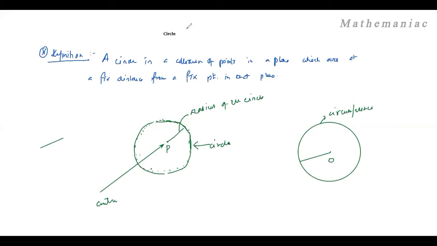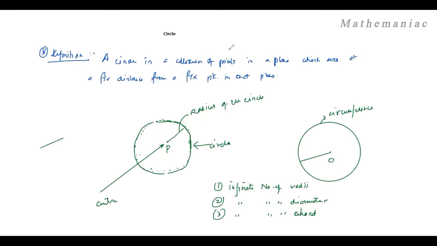So from the definition only we can easily identify that a circle has an infinite number of radii, an infinite number of diameters, and an infinite number of chords.